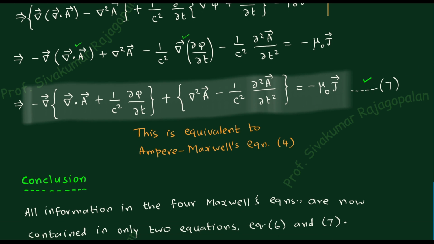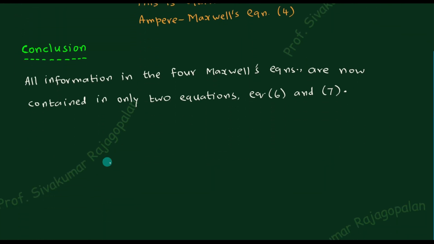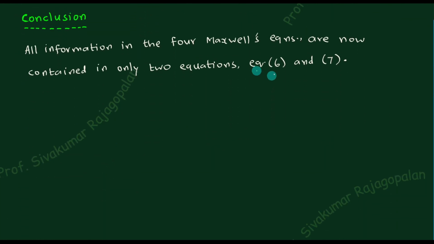So naturally one question comes. You have equation number 6 and 7, that is only two equations, but Maxwell's equations are four. How will two equations contain the information from four equations? Isn't it as if you have compressed? Four equations means you have a lot of information, and two equations should mean little information.